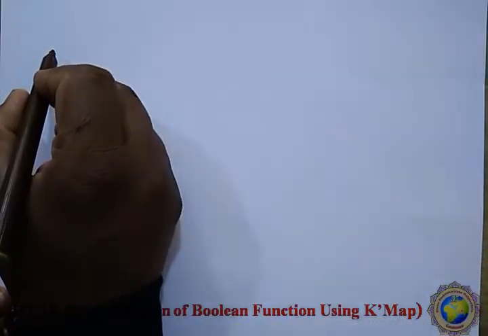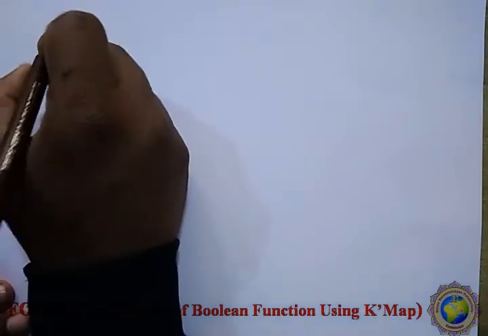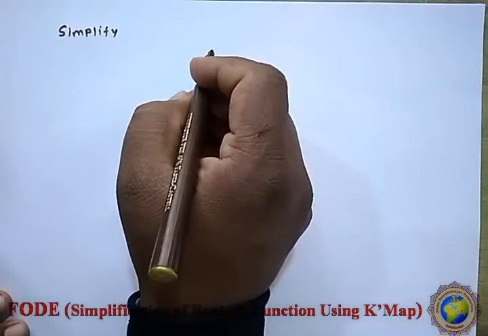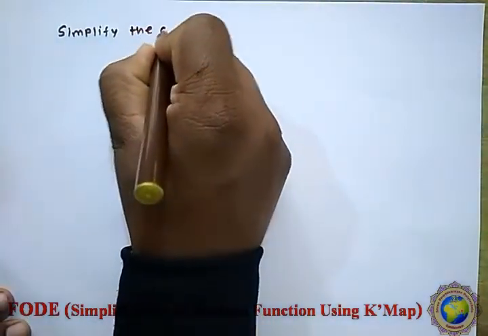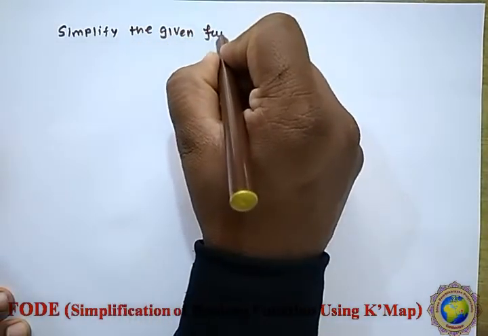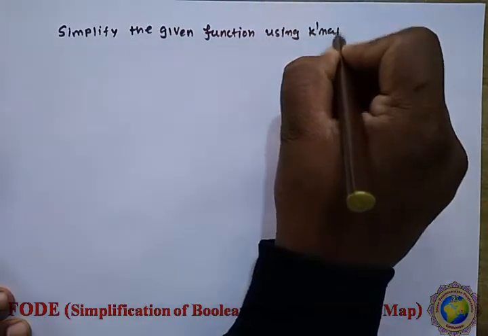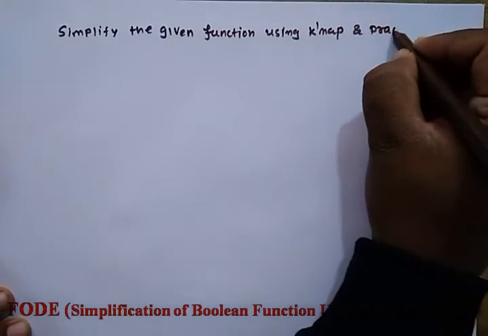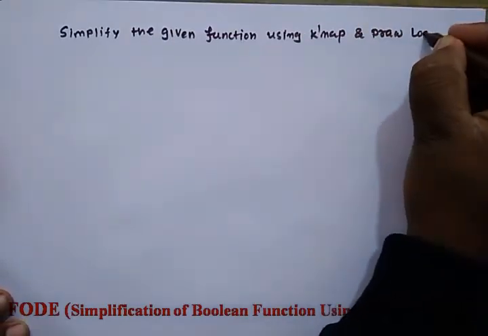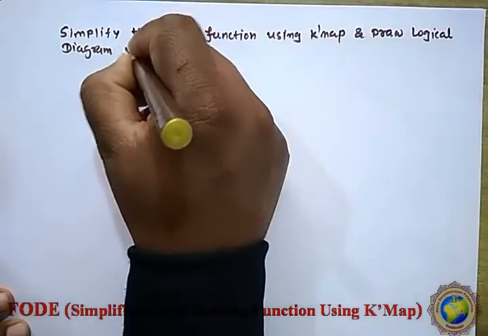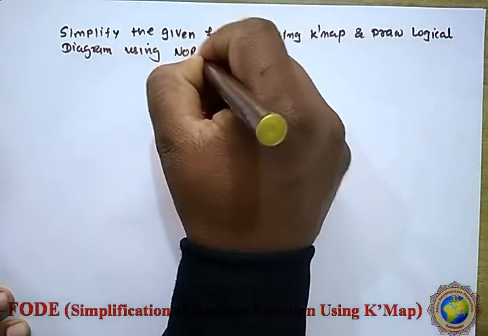The example is: simplify the given function using K-map and draw the logical diagram using NOR gate only.